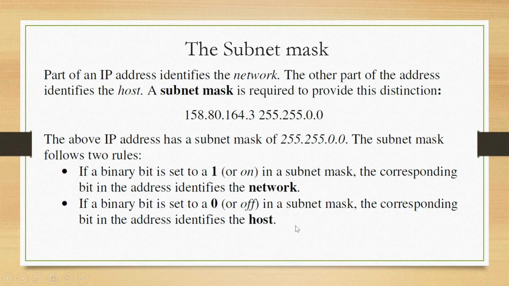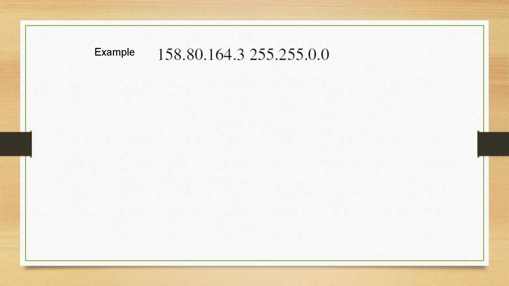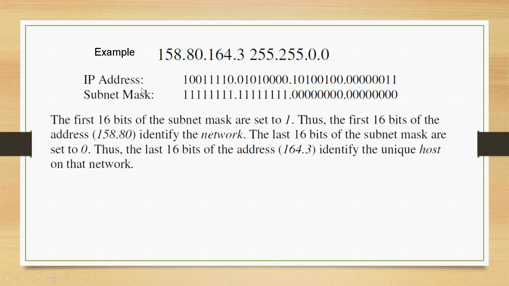address identifies the host. So that means if this is your IP address, given 158.80.164.3 with a default subnet mask of 255.255.0.0, then if we convert this IP address into binary numbers, you will generate this.